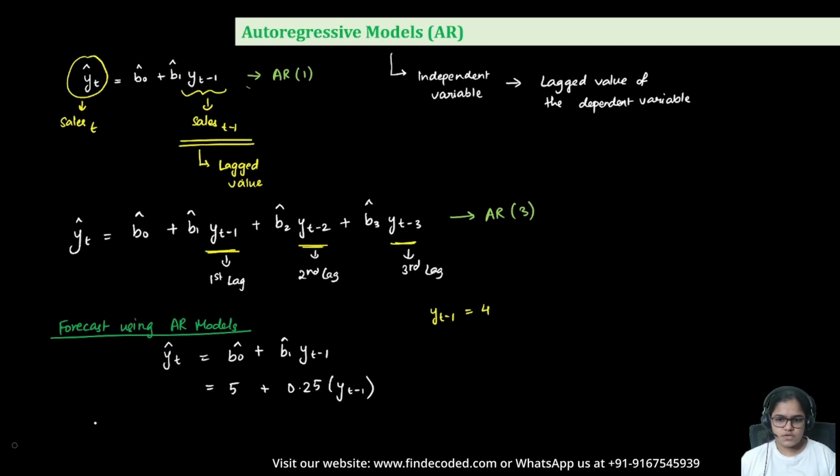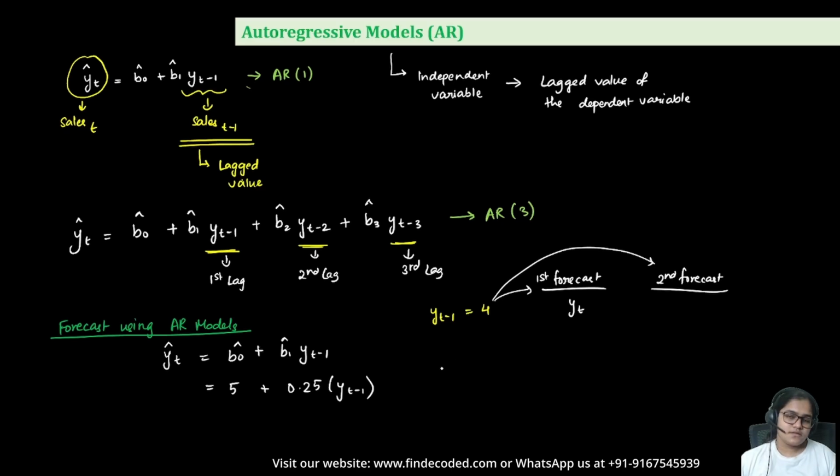So first forecast in this case, the first forecast would be to go one step ahead, and the first forecast would be yt. If I want to go to the second forecast, which means that using current year's sales, I want to predict what will the sales be 2 years from now.